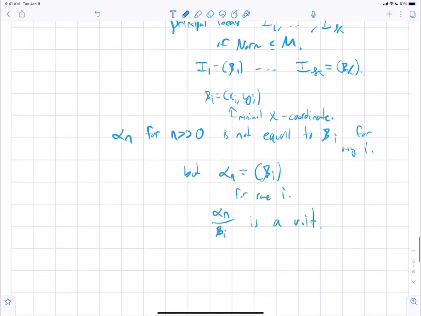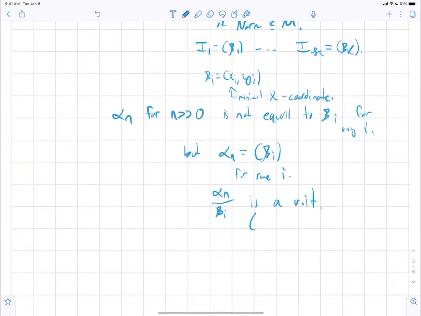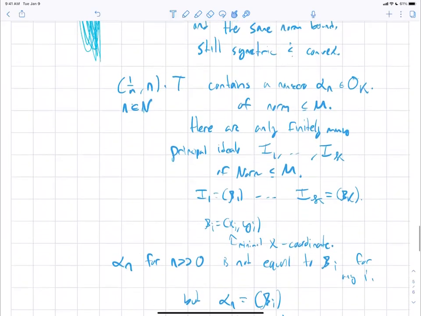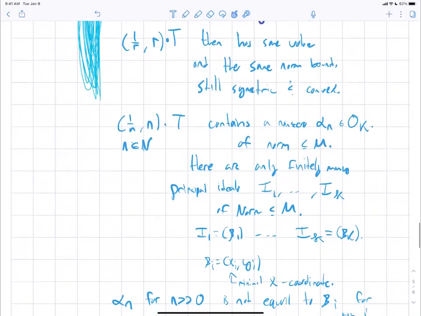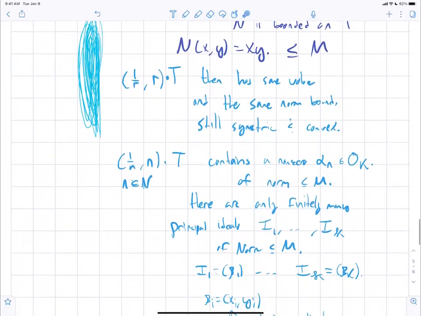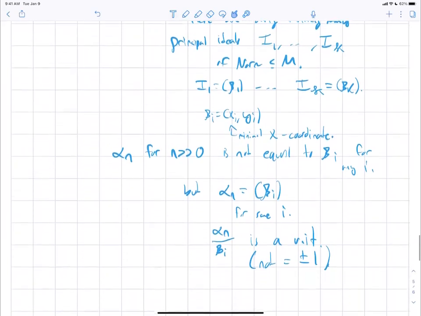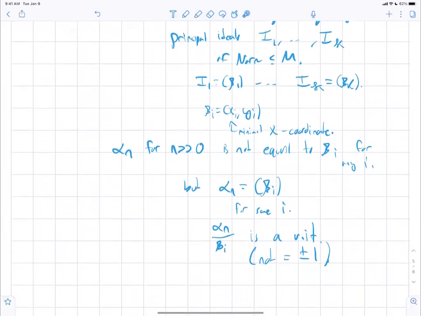and it's not equal to plus or minus 1. So it's not a root of unity. By construction, it's not a root of unity, because its x coordinate is not going to be 1: I took this alpha n so it had a smaller x coordinate than beta i.